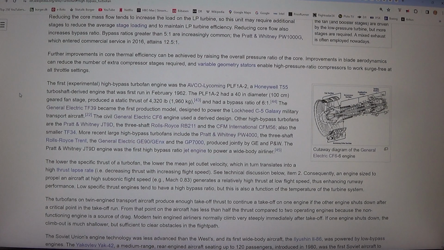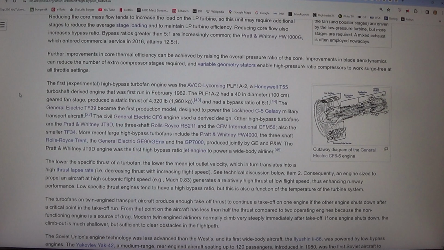The first, experimental, high bypass turbofan engine was the AVCO-Lycoming PLF1B-2, a Honeywell T55 turboshaft-derived engine that was first run in February 1962.